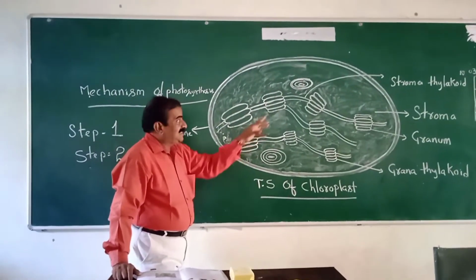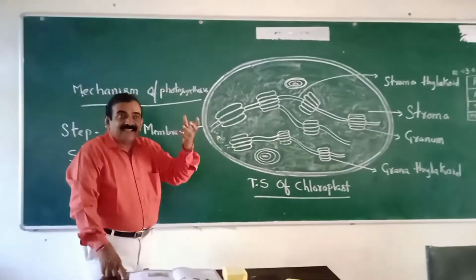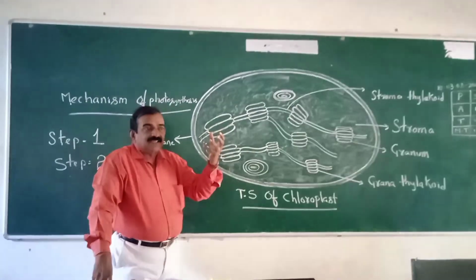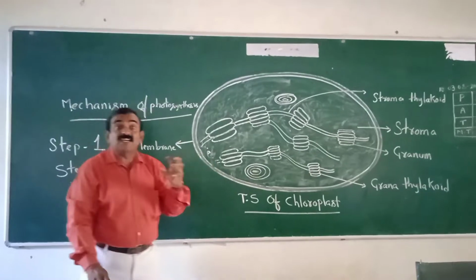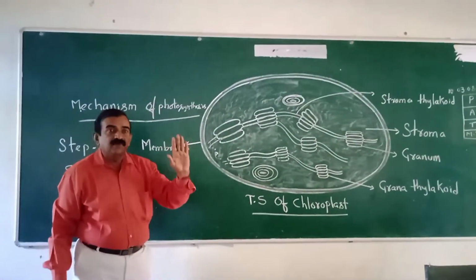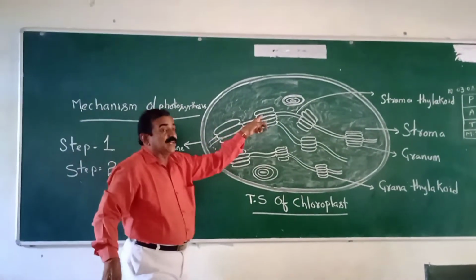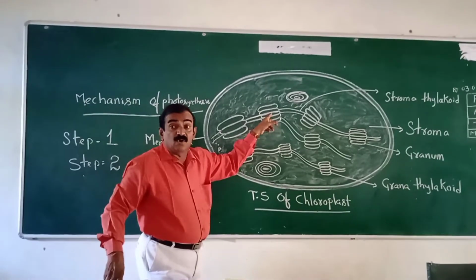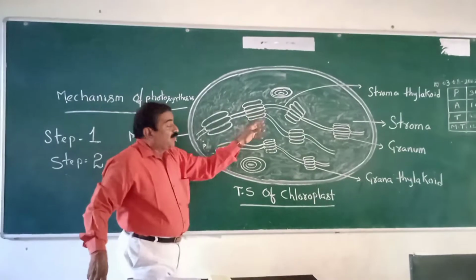Chloroplast consists of chlorophylls, and these pigmented molecules absorb light energy, sunlight. Sunlight consists of rays, and rays consist of photons. A photon is the smallest unit of energy present in sunlight, and these photons are absorbed by the chlorophyll pigmented molecule.